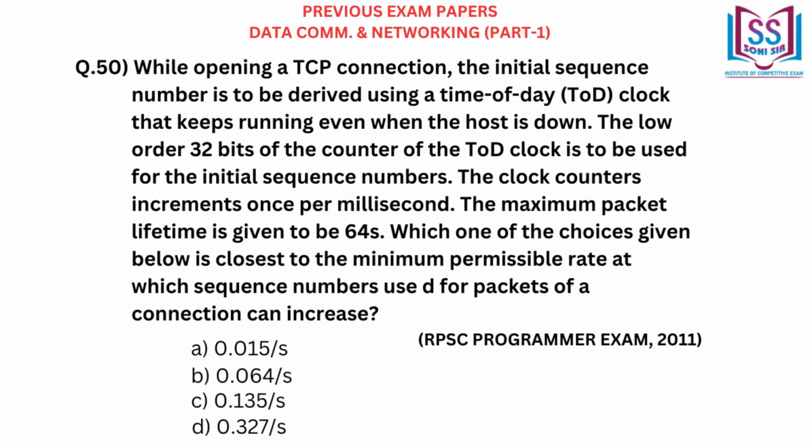Which one of the choices given below is closest to the minimum permissible rate at which sequence numbers used for packets of a connection can increase? A. 0.015 per second. B. 0.064 per second. C. 0.135 per second. D. 0.327 per second. Correct answer D. 0.064 per second.